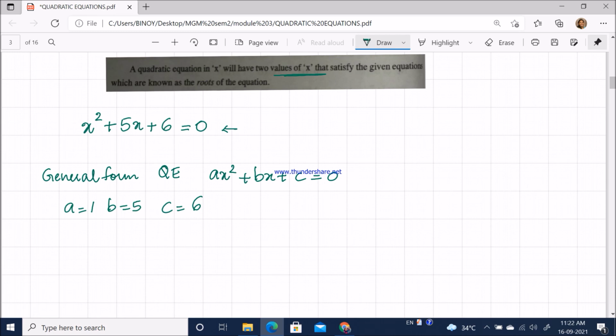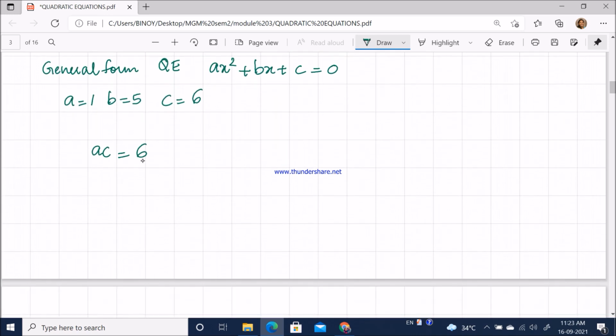So this time I am solving by factors. AC is equal to 6. So the product should be 6 and the sum should be 5. So it will be 3 and 2.